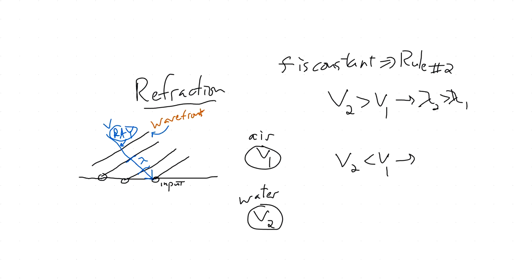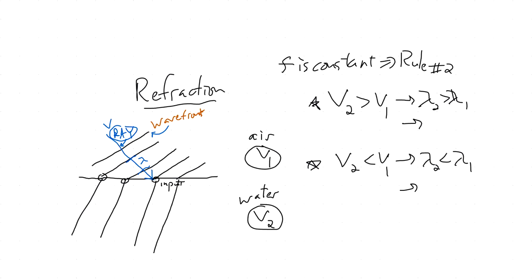And here, the wavelength would be smaller. That in turn does something else. It changes the angle. If I go to water, it's this one. The velocity is bigger, therefore the wavelength is bigger. And because these are the new input, for the wavelength to be bigger, the angle has to change for the geometry to fit.